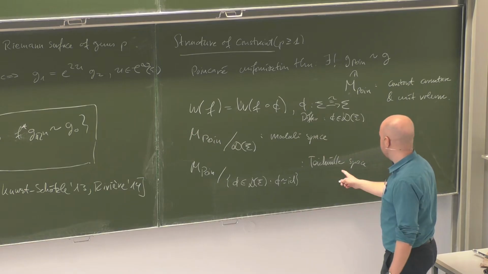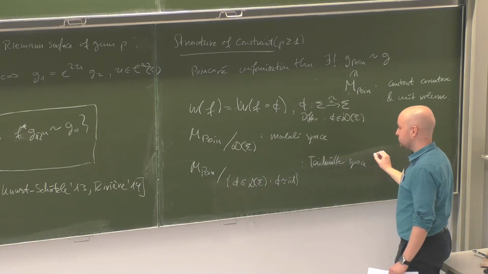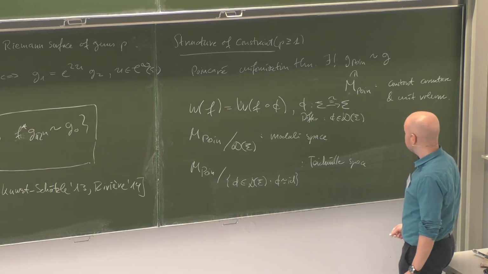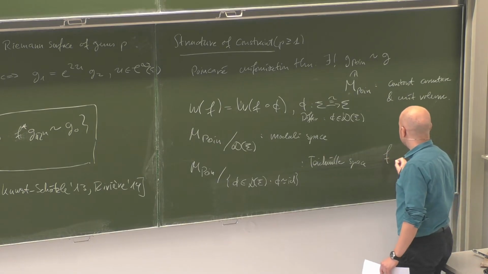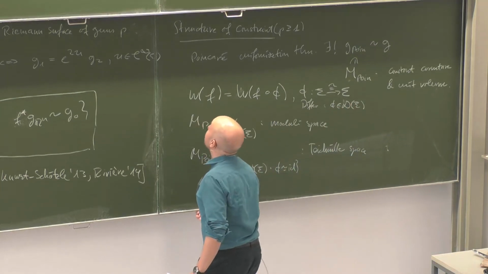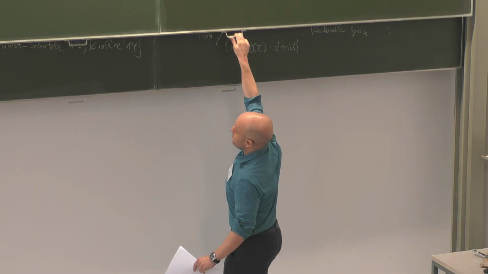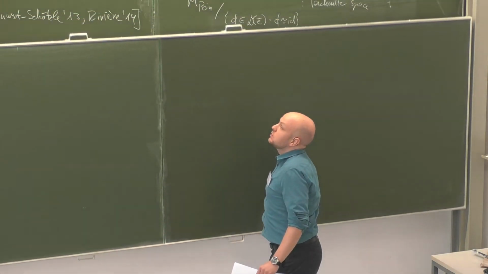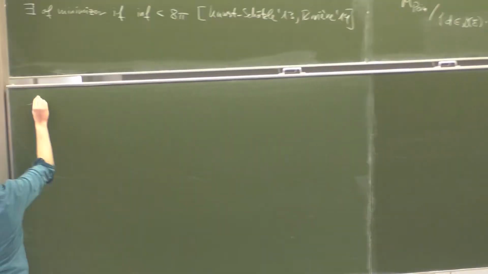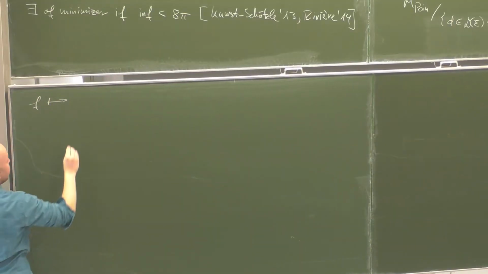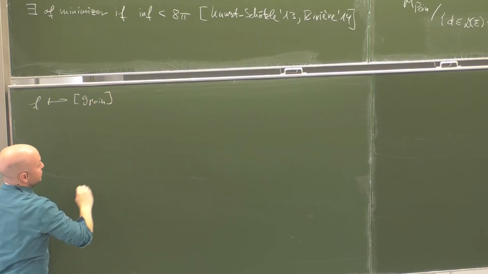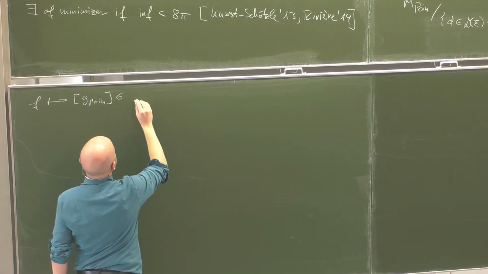If I want to use the Teichmüller space to represent the conformal class, I would like to look at the map which associates to any immersion the representative given by the Poincaré metric in the Teichmüller space.